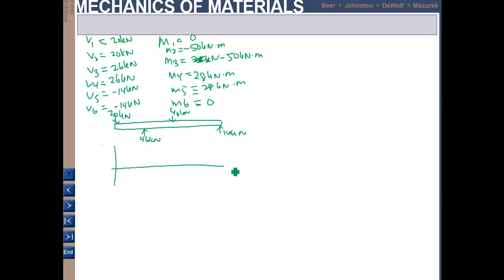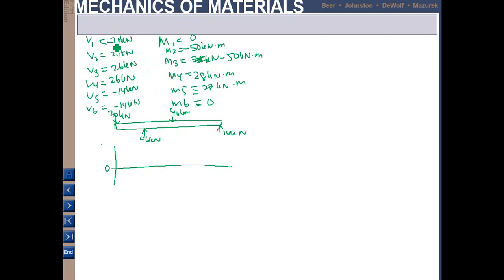This is 0. Okay, this is 0. So V1, which is here, I said is 20. V1 is actually minus 20.